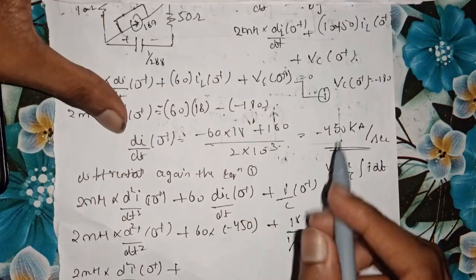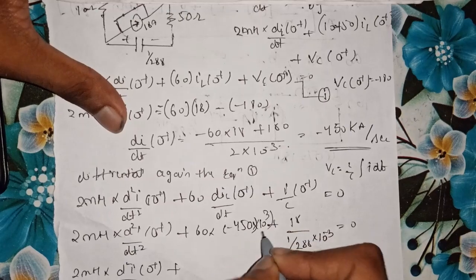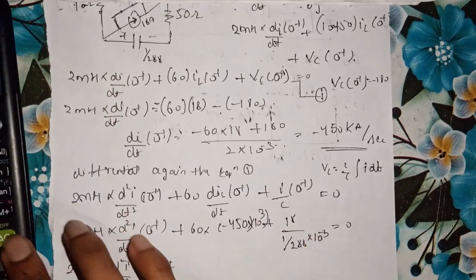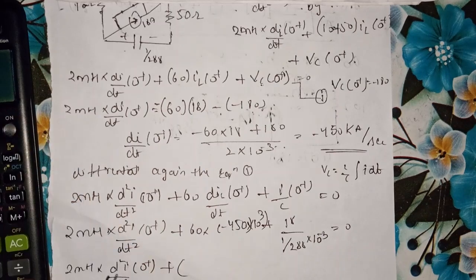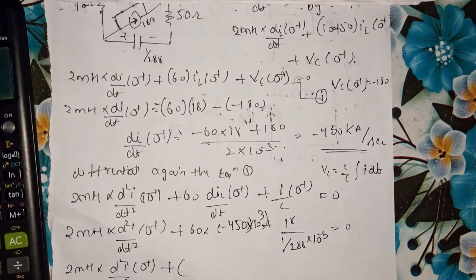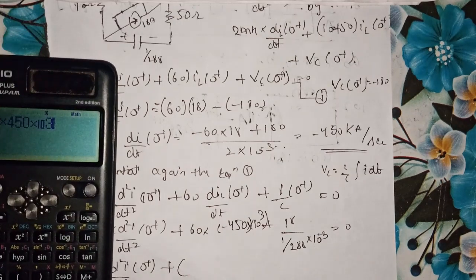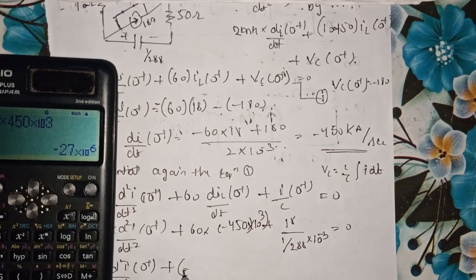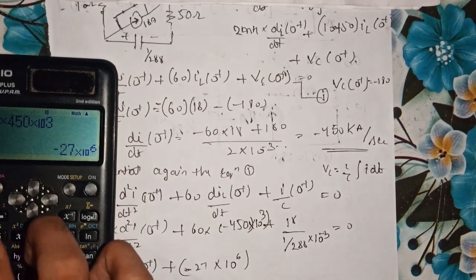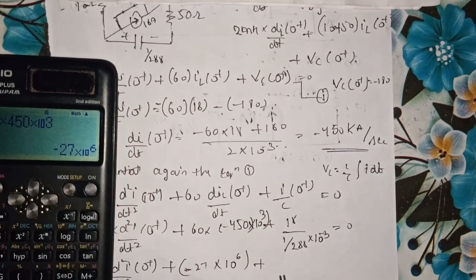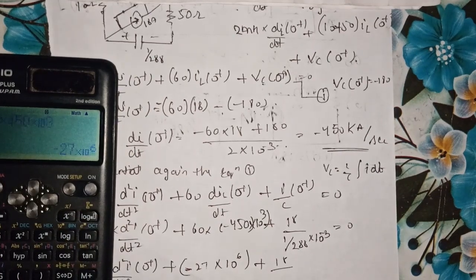Since we have 10 raised to 3, which is in kiloampere, we get the value equal to minus 27 into 10 raised to 6, minus 450 into 10 raised to 3 plus 18, divided by 1 over 288.